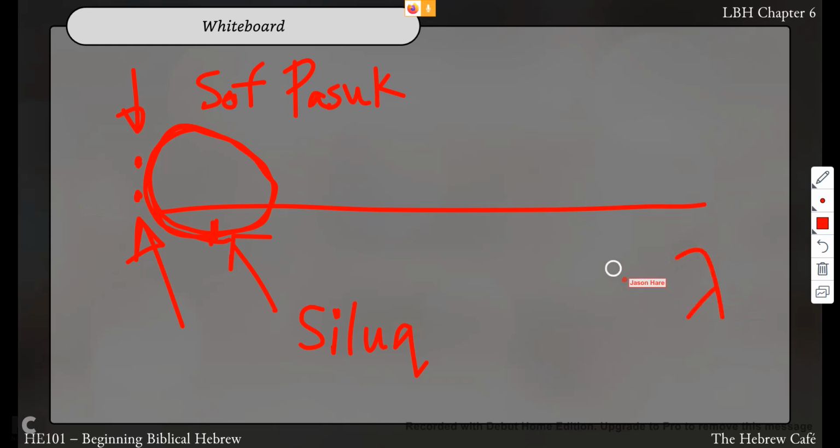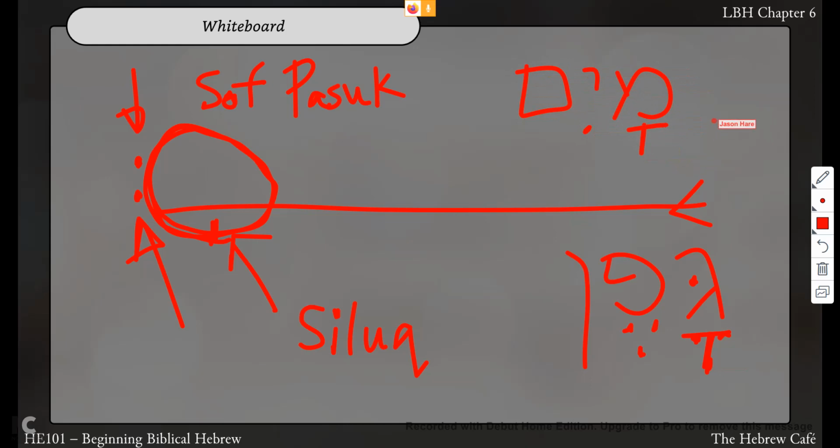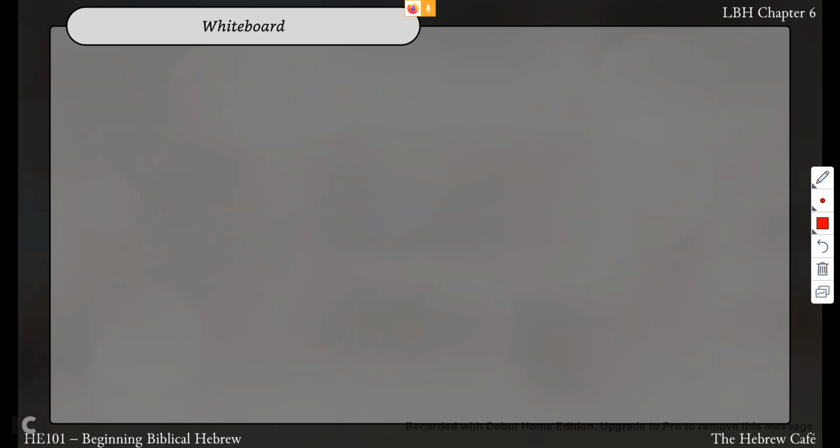So geffen means vine, like grapes grow on a vine. When you have it at the end of the verse, it becomes gafen. And mayim, we saw in Genesis, at the end of a verse becomes mayim with a long kamatz instead of a short patach. It happens a lot. I'm not sure why, but it happens.